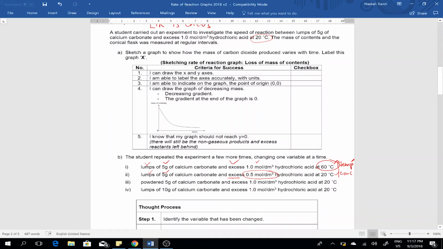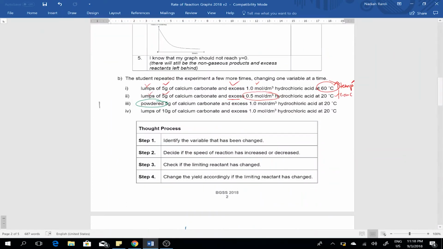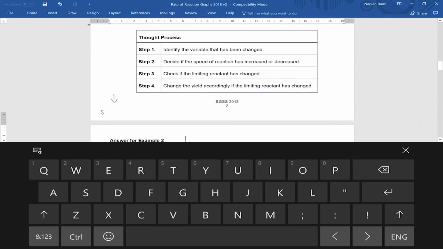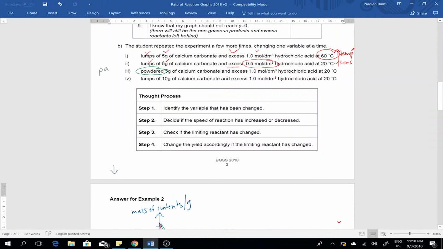Lumps, and this is powdered. So the difference is that it is powdered. Powdered means the particle size is different. Particle size decreases, surface area increases, and the rate will then increase.